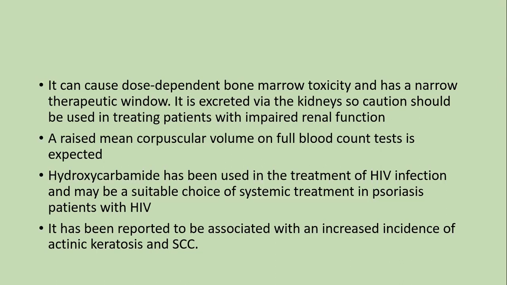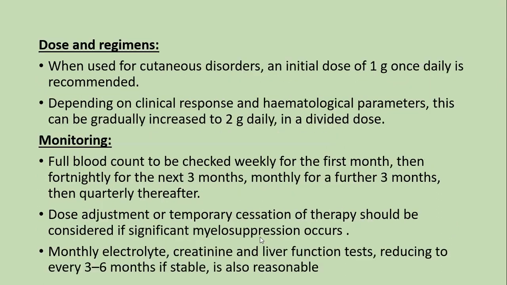It raises the mean corpuscular volume on full blood count test. Hydroxycarbamide is used in the treatment of HIV infection and is a suitable choice for systemic treatment in psoriasis in HIV. It is reported to be associated with an increased incidence of actinic keratosis and SCC.